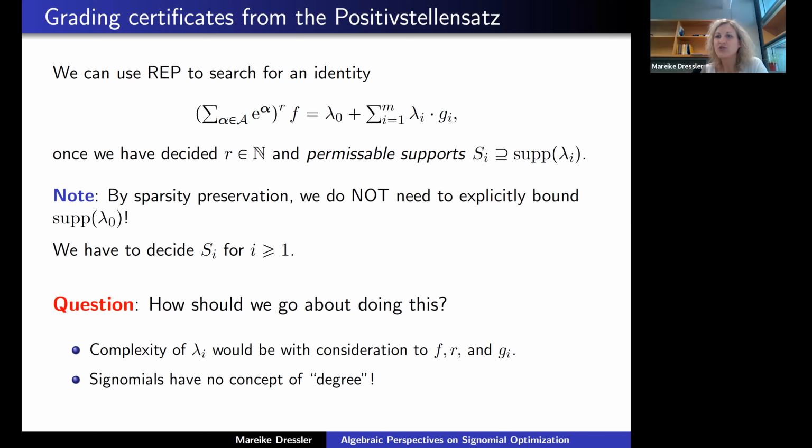But somehow we want to grade something. So we want to come up with a notion that somewhat represents a degree for such a signomial. And this has to be somehow dependent on the input signomial, then on this R, and also somehow dependent if we multiply something to this signomial. So maybe something has to change in the degree.